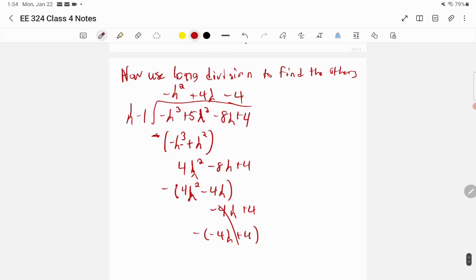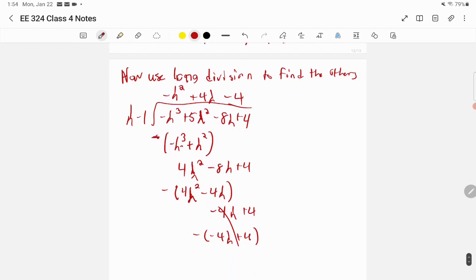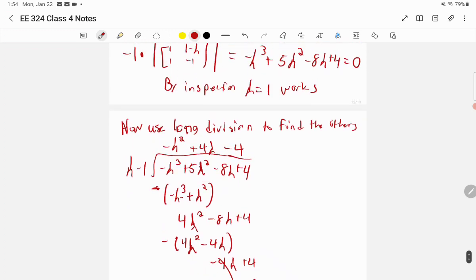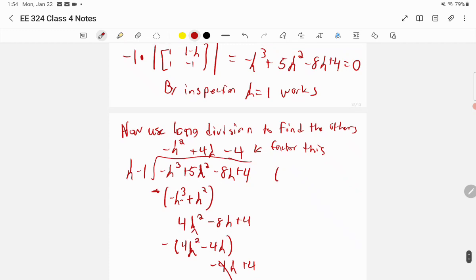So that tells me that lambda minus 1 was actually a factor. And then I can factor this, which gives me lambda minus 2 times lambda minus 2.